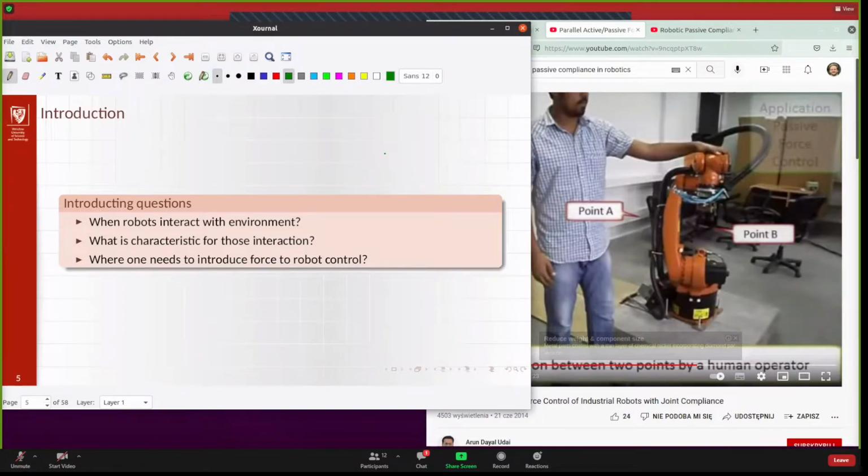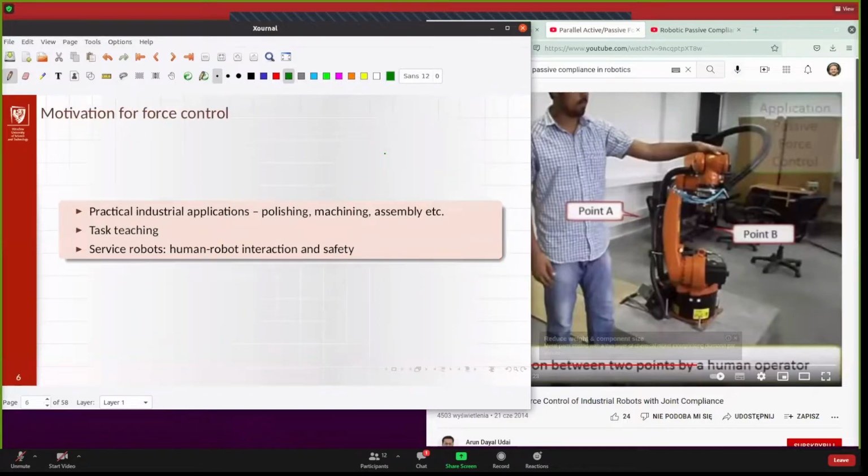Okay, so we need to introduce force to robot control in any case when this force is needed either to make a task or to finish the task, or to interact, or to not interact too strongly with the people.